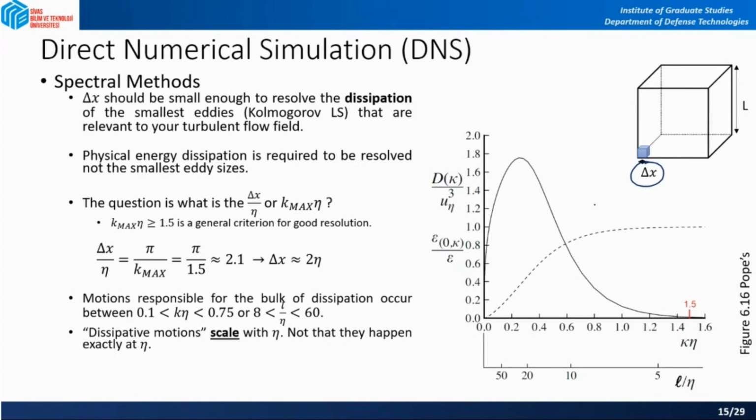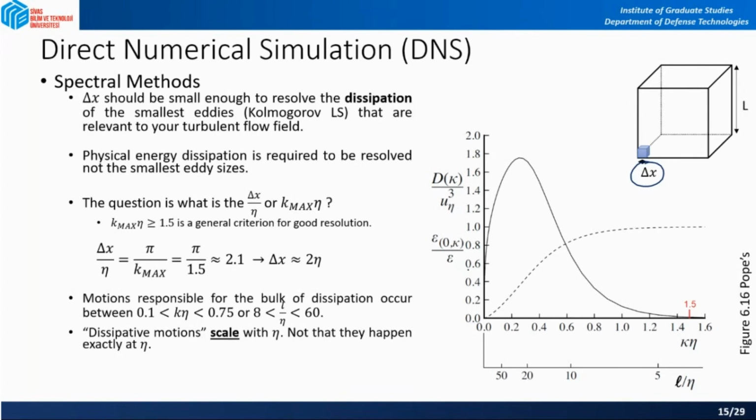We know this: high wave number is the dissipation. So if the number of wave numbers that you put in your simulation, or let's say the smallest delta x that you choose, is enough to resolve the physical energy dissipation that is occurring in the flow, that is what you need for DNS simulation.